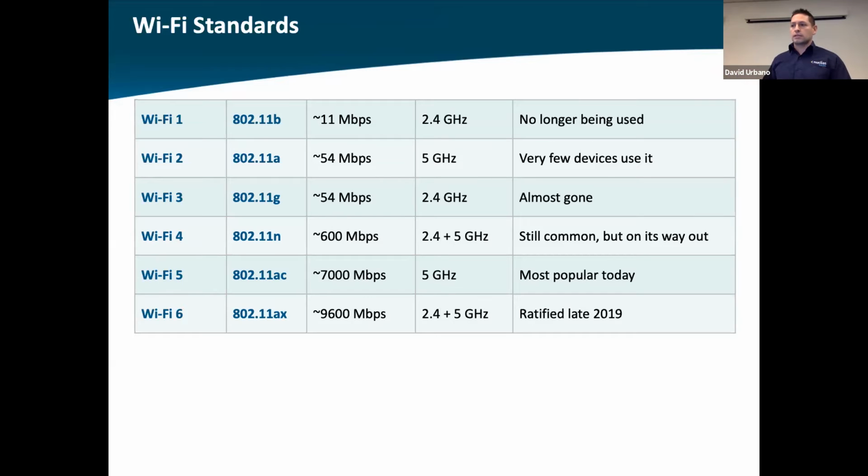Something that has definitely remained is the use of 2.4 and 5 gigahertz. With AX, we will probably be able to see some other frequencies, but for now, this is the standard.